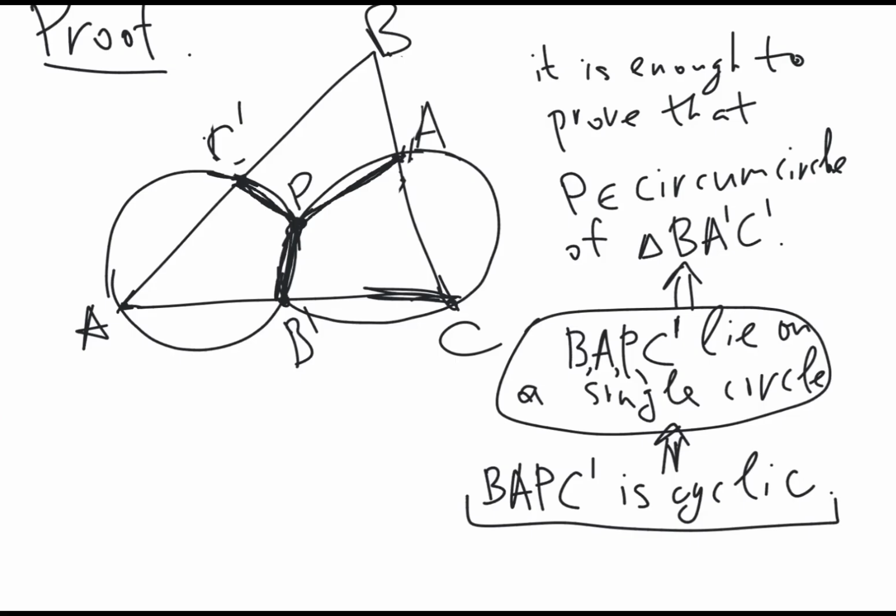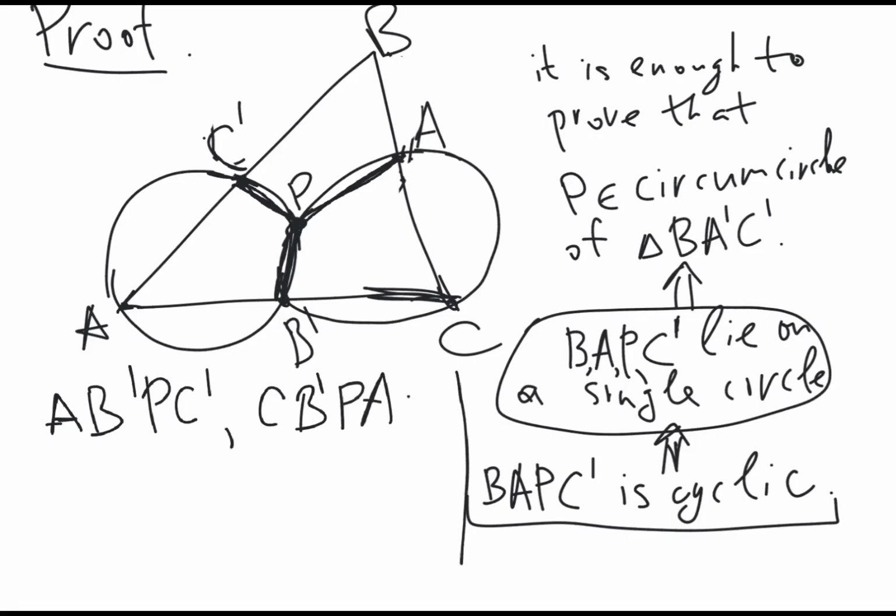And we notice that the quadrilaterals A, B prime, P, C prime, and the quadrilateral C, B prime, P, A, they are cyclic, right?